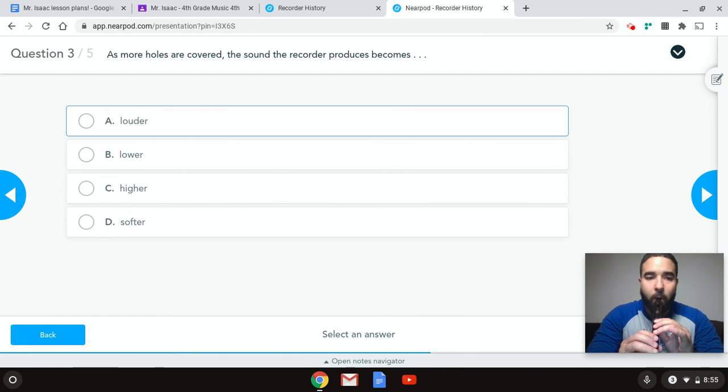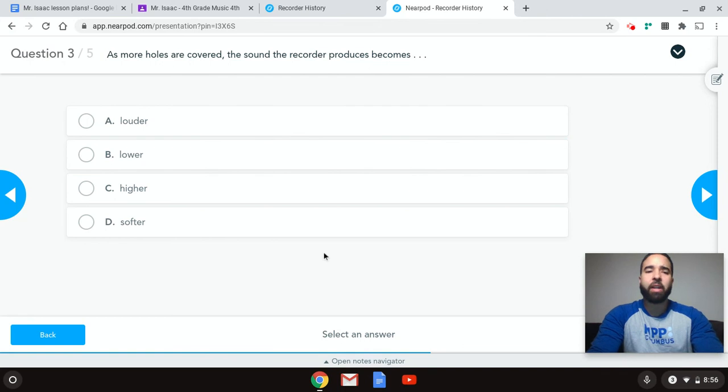No, becomes lower. That could be right. Becomes higher. I think it becomes higher. It becomes softer. Sorry about that. Didn't mean to do that.